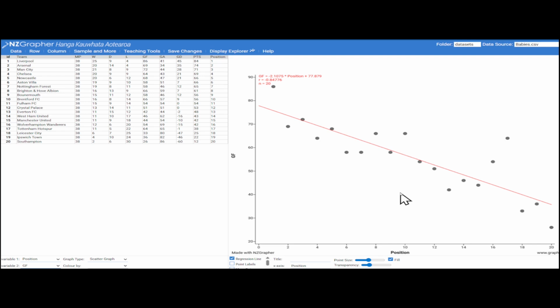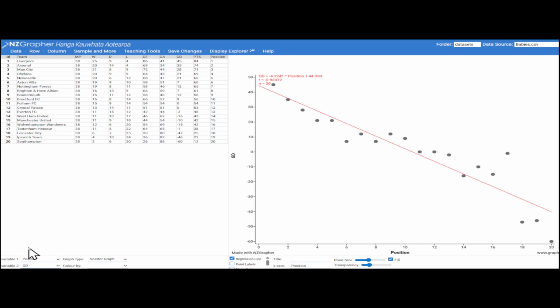Is there anything else which might be interesting? Let's look at the goal difference. So the goal difference is goals for minus goals against. So really this is the key stat that you'd be looking for, the goal difference and the position. Let's look at that one. So here we see a really good correlation.